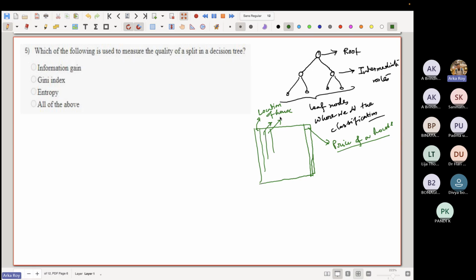Based on these independent variables, you have to predict the price of the house.